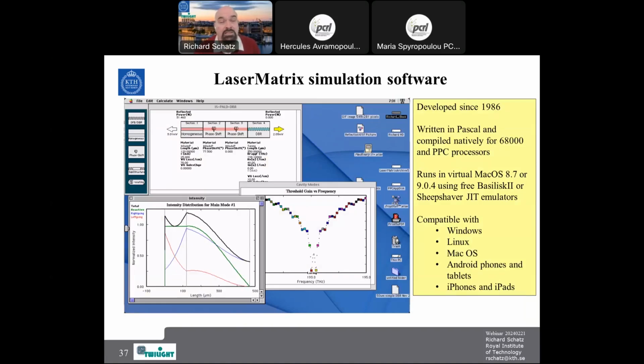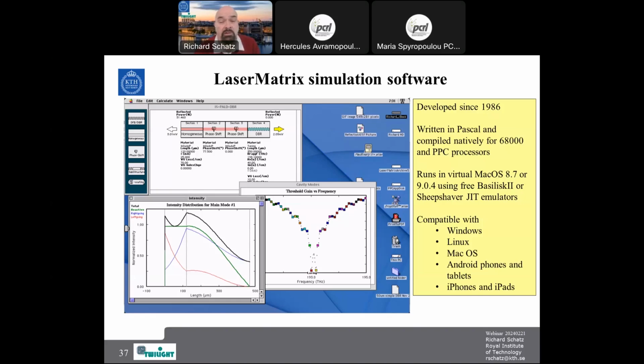I started development of this in 1986, in fact. So it's written for an older generation of Apple computers, for the 68000 and PowerPC processors. This means that in order to run this today, you need an emulator. Fortunately, there is a free emulator, and it is available for all kinds of operating systems.